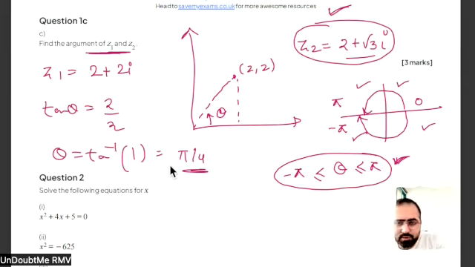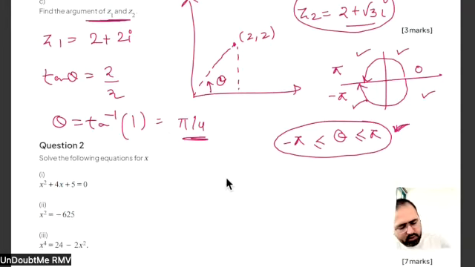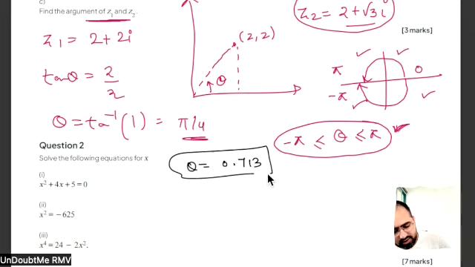But then the answer should be in terms of pi, like in radians. So you can multiply that by pi by 180. So the value of theta is coming out as 0.713. Okay, 40.8, when you convert it into radians, it will be 0.713.